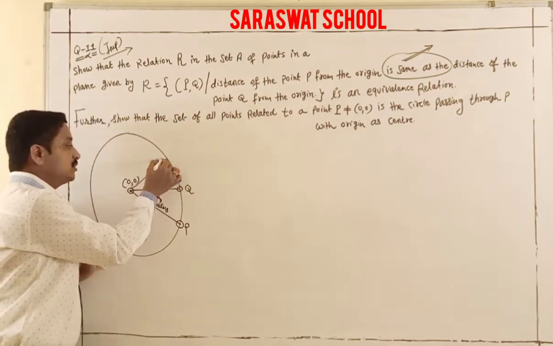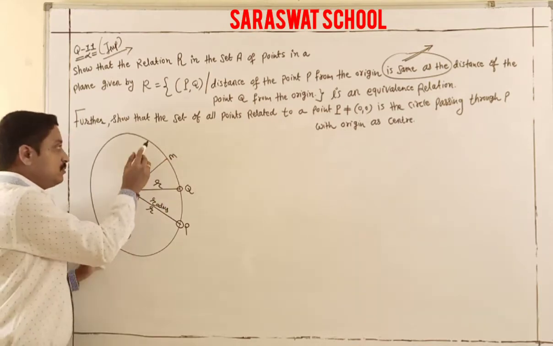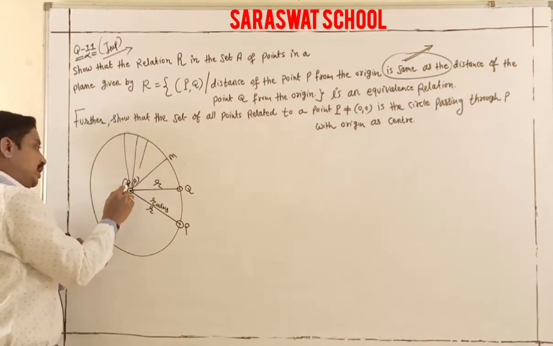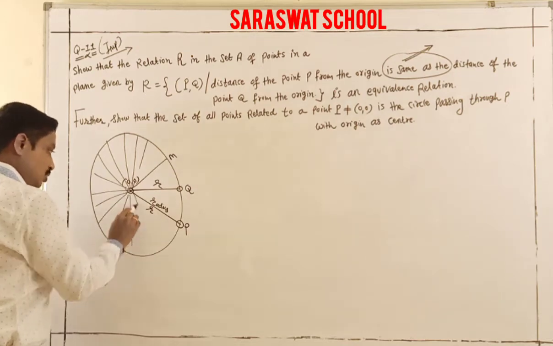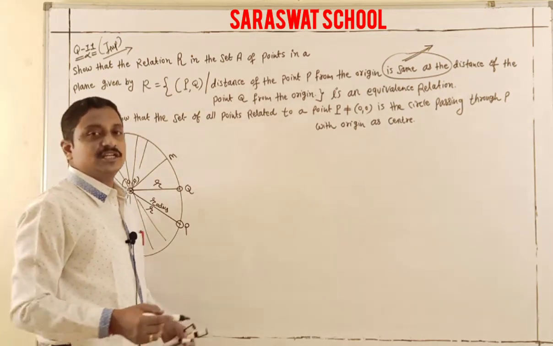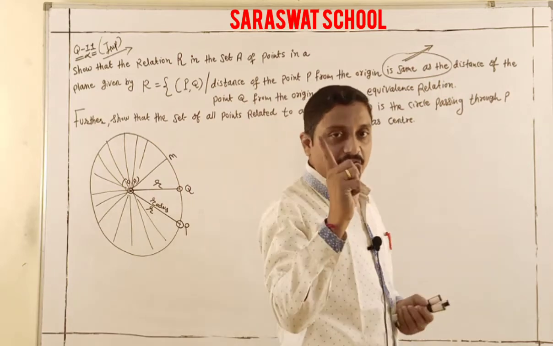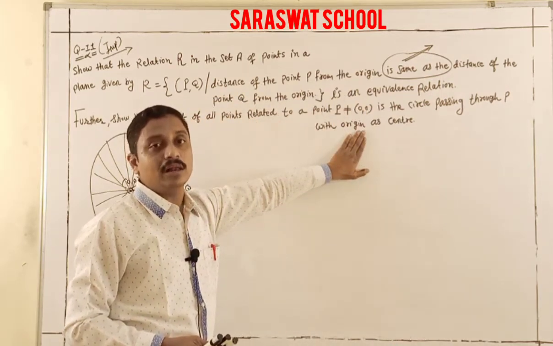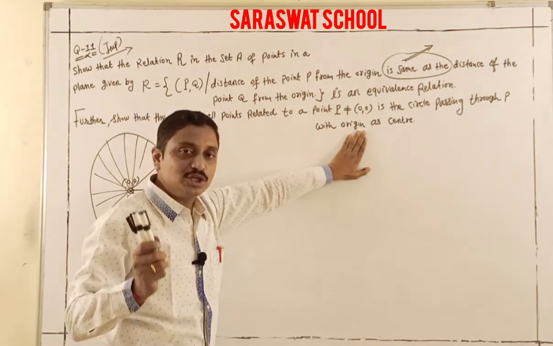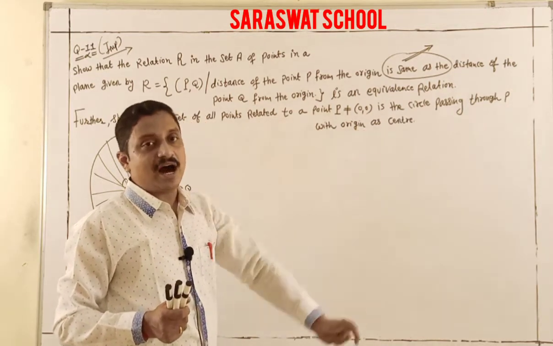Similarly for the next points, many points all in a plane at a fixed constant distance from the center. And then we can say at the ending of this sum, it is a circle having center (0, 0) and radius r.